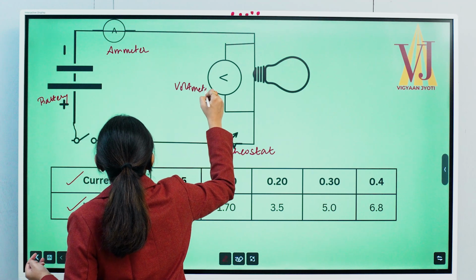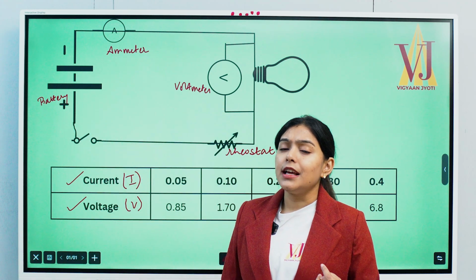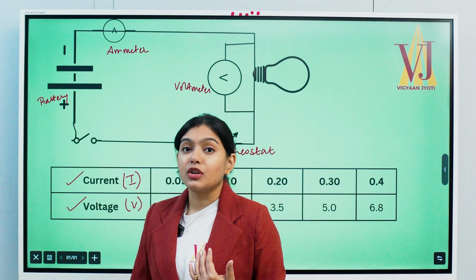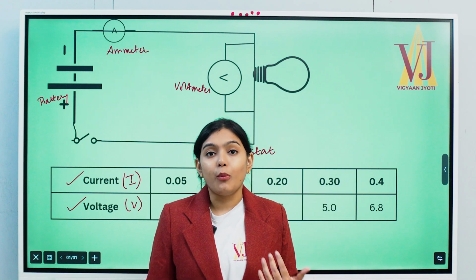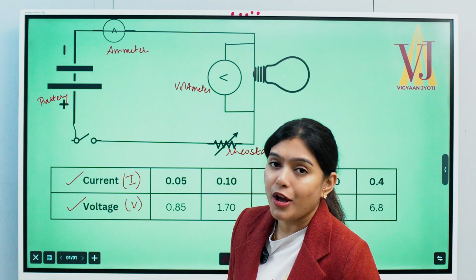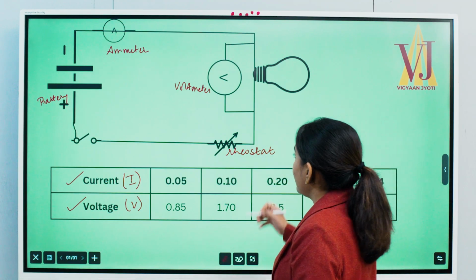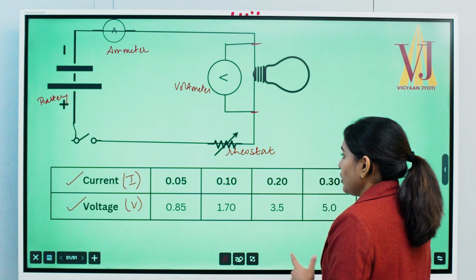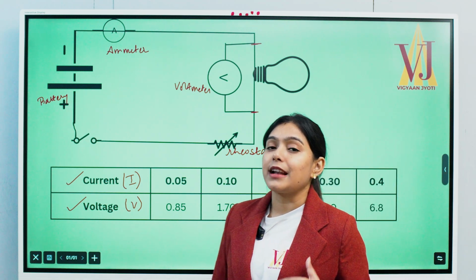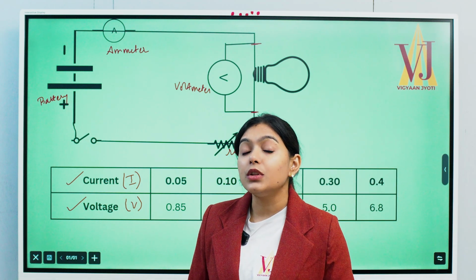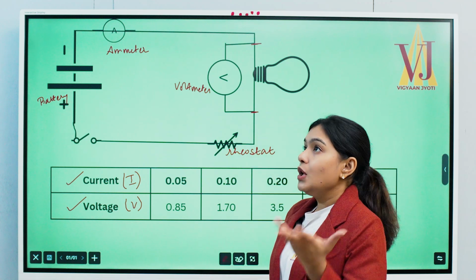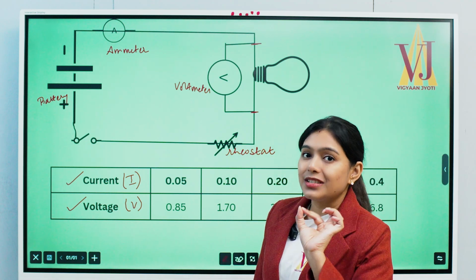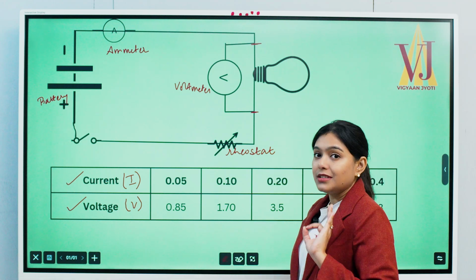The function of the ammeter is to measure the current, and the function of the voltmeter is to measure the potential difference across any two points. Here, the potential difference between this point and this point is measured by the voltmeter. A rheostat is a type of variable resistance that we can offer to the flow of electrons. A resistor is fixed, while a rheostat is variable, so we can adjust the resistance according to how much we need.